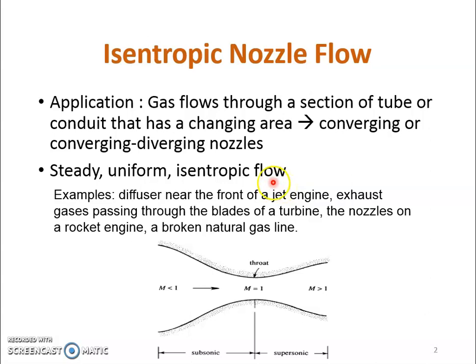This is a good approximation for actual flow situations. Some examples where we can use this theory are to study the flow in a jet engine, any propulsion system, or a gas turbine. That is some of its application.